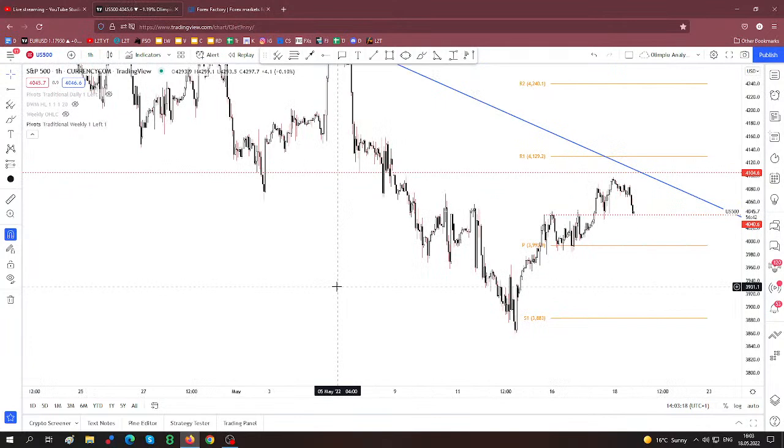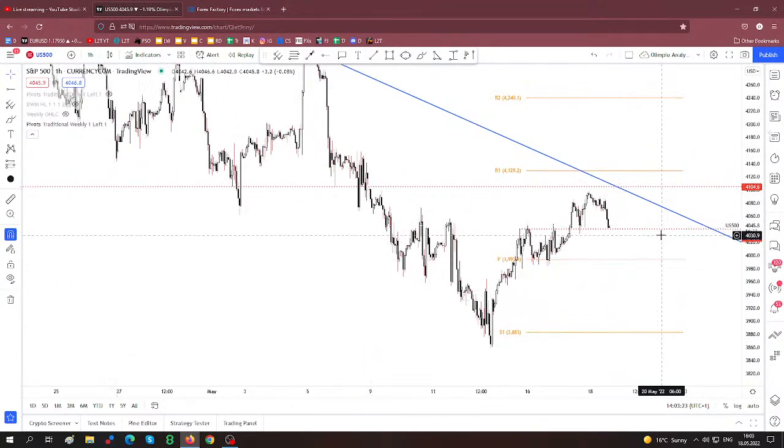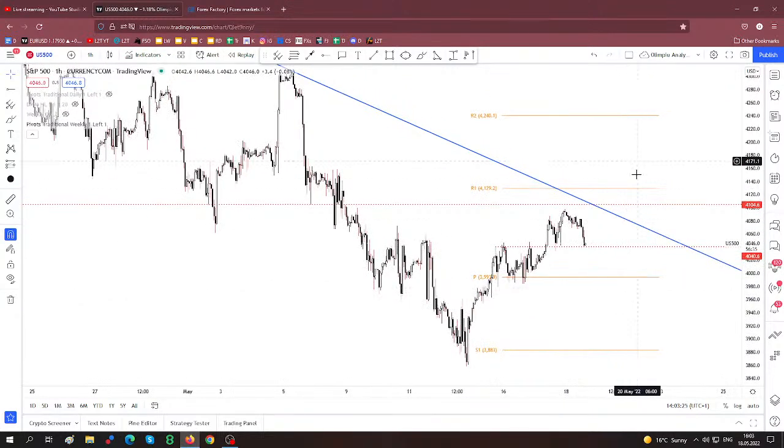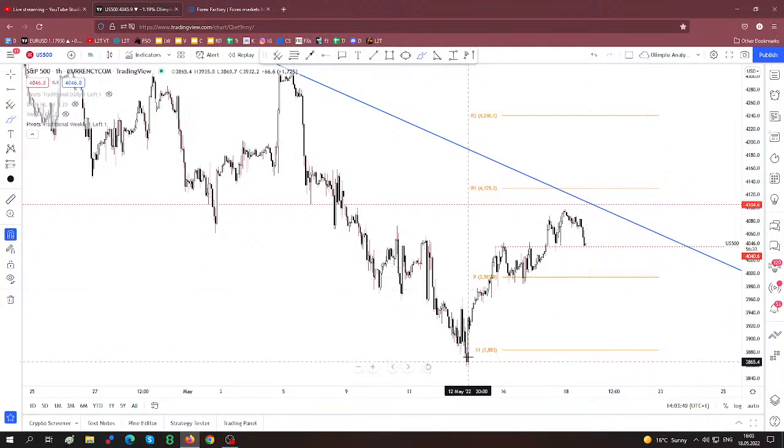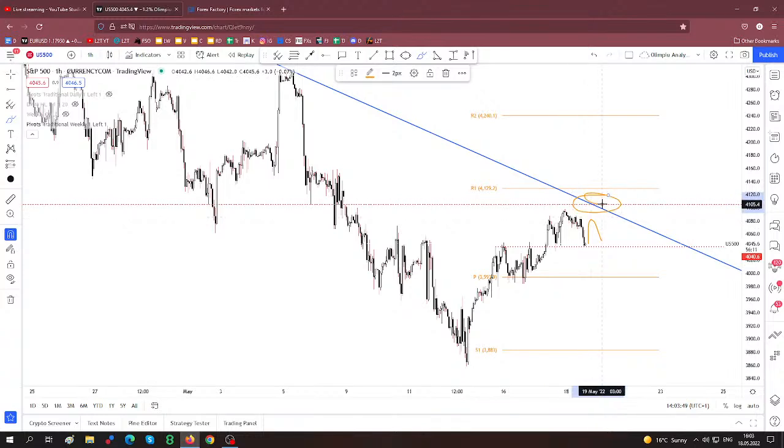So I don't have a setup right now here, and in my opinion, it could go up if it stays here above this key level, and if it makes a breakout here above the downtrend line, above 4,104.6. But right now, maybe I'm looking only for short opportunities, for selling signals, as long as it stays below these resistance levels.